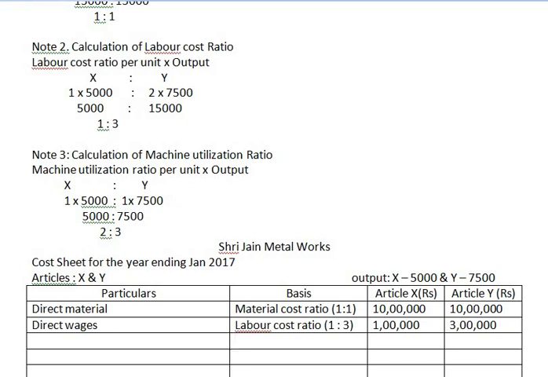If they have given us the direct expenses... in this problem they haven't given direct expenses, so whatever total we get, that is called as what? Prime cost. Now make total. So here it is 11 lakh and here it is 13 lakhs.